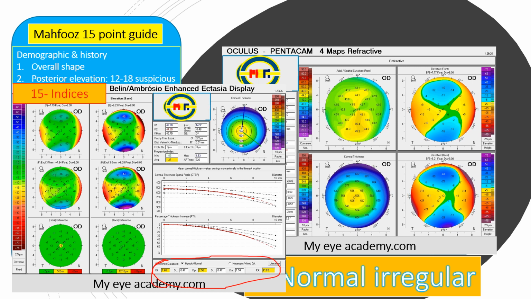There is yellow color on the DF, which is the front elevation marker, and this corresponds with the irregular bow tie, but the other ones, particularly the DB and DP, are within the normal range. So overall it's a normal cornea, though we need to follow this patient.